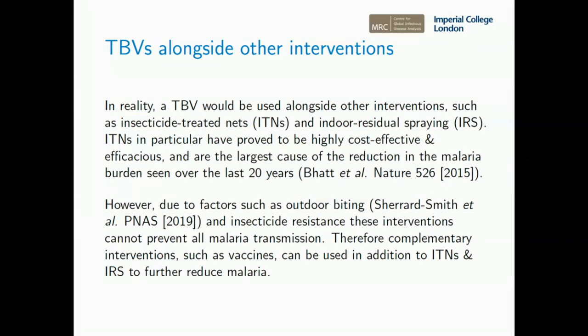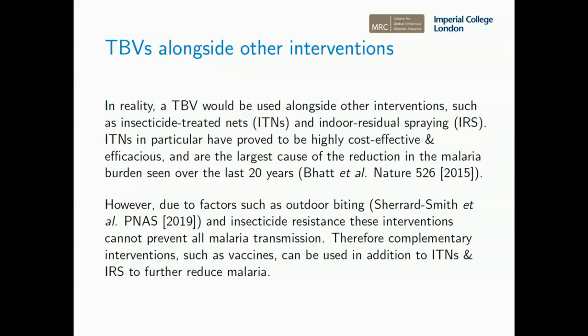It's important to realize when you model these interventions that you wouldn't introduce these vaccines on their own. They would be added to other interventions that are going on, in particular bed nets and indoor residual spraying. Bed nets in particular have been very effective at reducing malaria over the last 20 years. However, there's a limit to what interventions like bed nets can do due to things like outdoor biting and insecticide resistance.